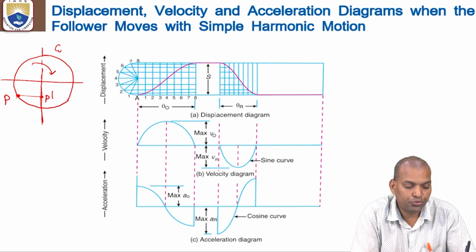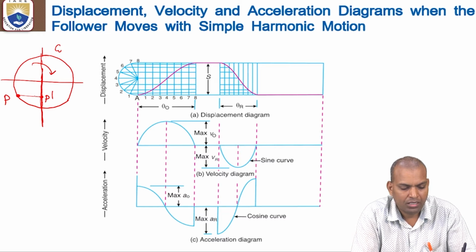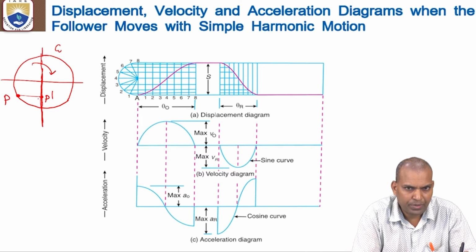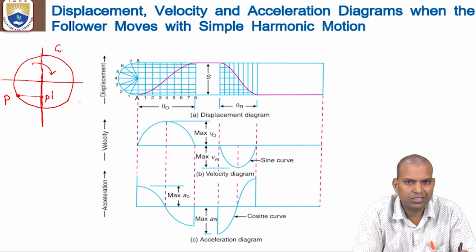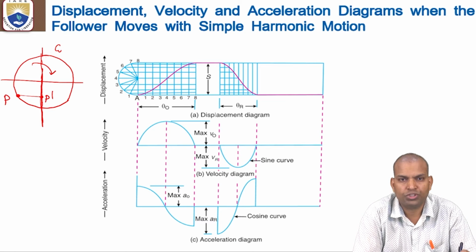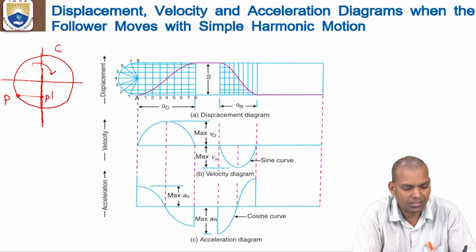When the particle moves in a circular direction, the projection of particle P falls on the vertical axis Y. If the motion of the particle P dash is the same as the motion of the follower, then that follower is under simple harmonic motion. That is the concept.